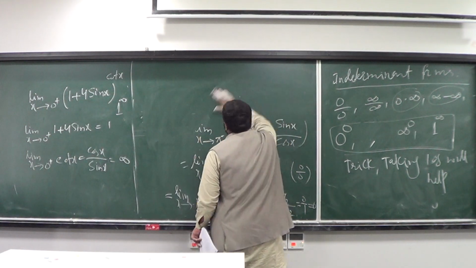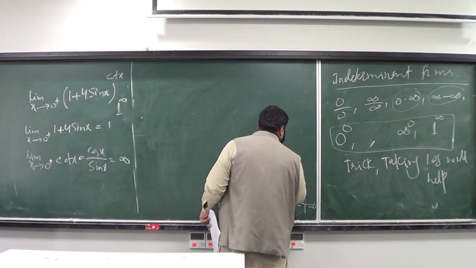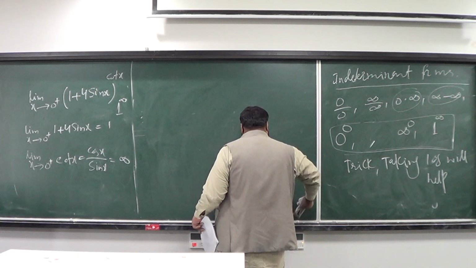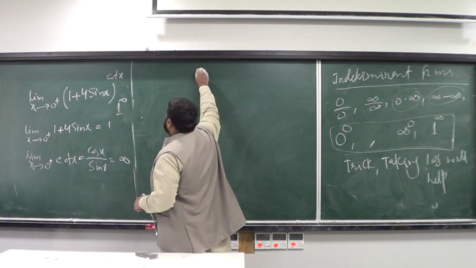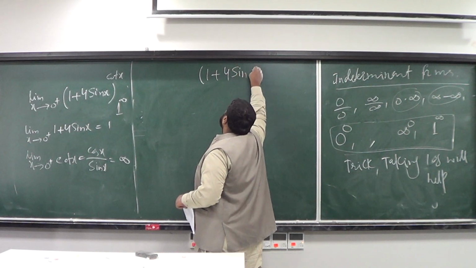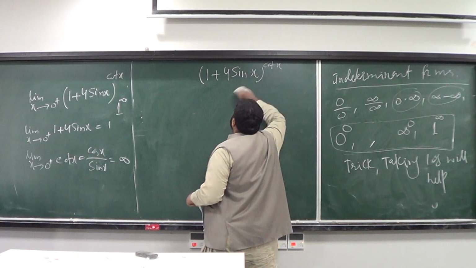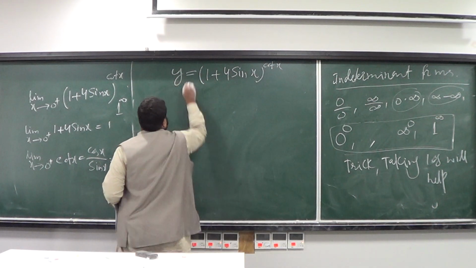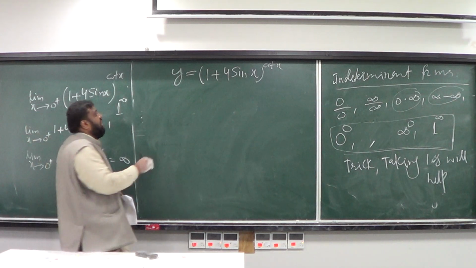The trick to deal with such a situation is that first of all, give that function a name. So take 1 plus 4 sine x to the power cot x and give it a name, say y, and take the log on both sides.